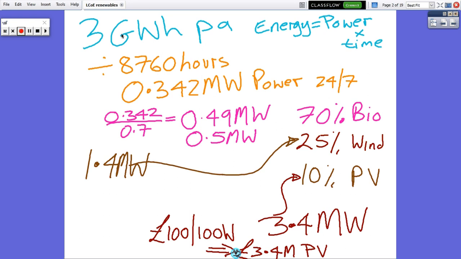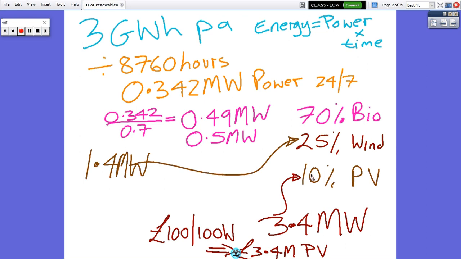If we divide our energy by the time, the number of hours in a year, then that comes out to be a power requirement of 342 kilowatt power installation. That assumes that we could generate that power 24/7.